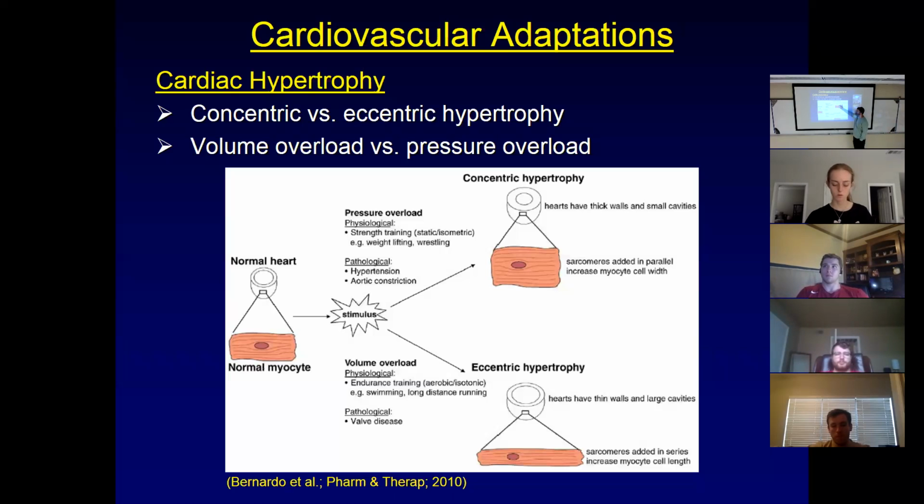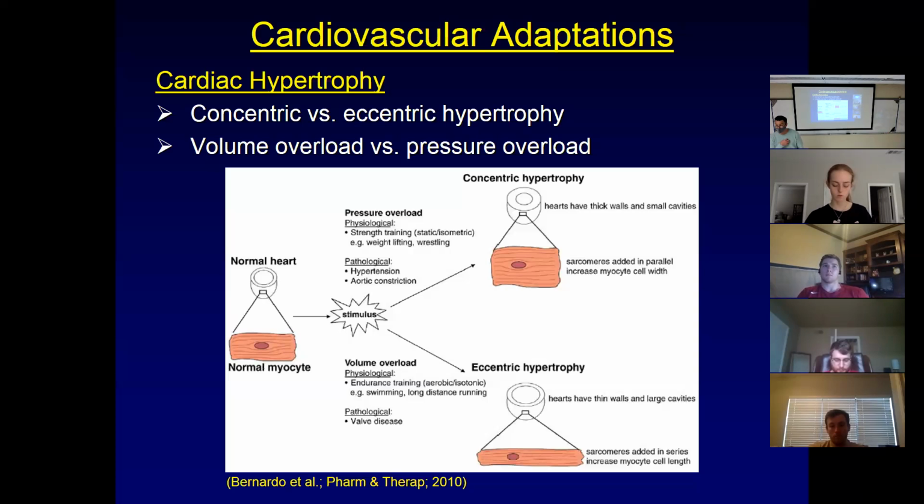And so because of that, you're going to get enlargements in what looks like very traditional skeletal muscle hypertrophy in the cardiac muscle. The cardiac muscle fibers are going to get thicker, they're going to increase in their width, they're going to get stronger, and therefore the entire heart is going to get bigger. The problem with this, though, is that the cavity inside the left ventricle doesn't get any bigger.